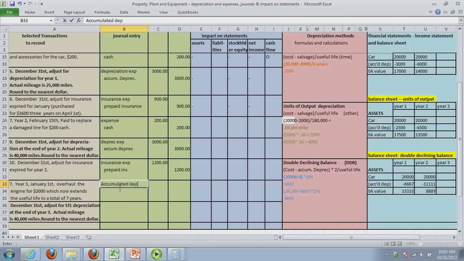So you're going to have accumulated depreciation being debited for what you spent, which is $2,000, and you've got cash. Okay, we need to look at the impact on the adjusting entry. We're only going to look at the impact on straight line. You really won't have to be revising units of output or double declining balance. We'll just home in on this one.